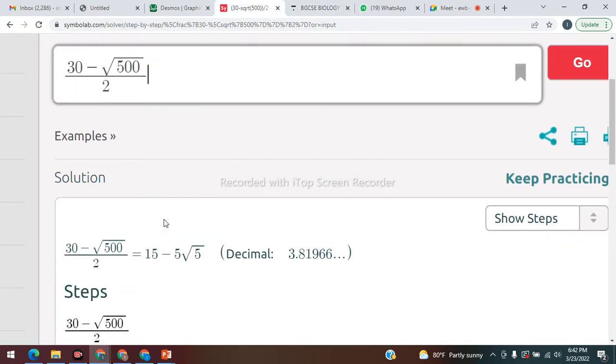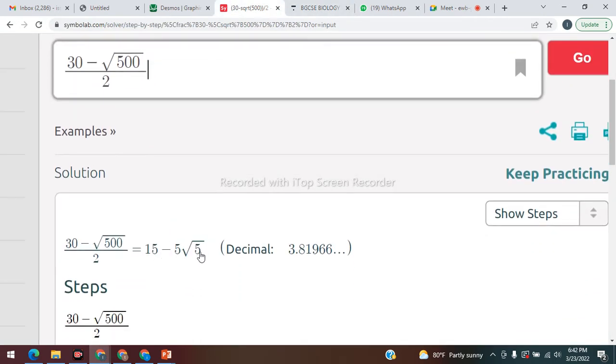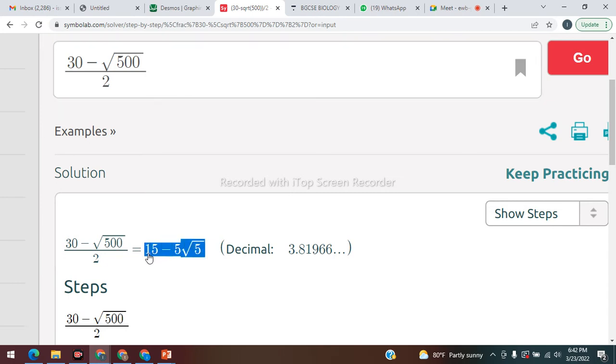15 minus 5 square root of 5. That's what it is right there. If you put 15 minus 5 square root of 5 in your calculator, that's 3.82.